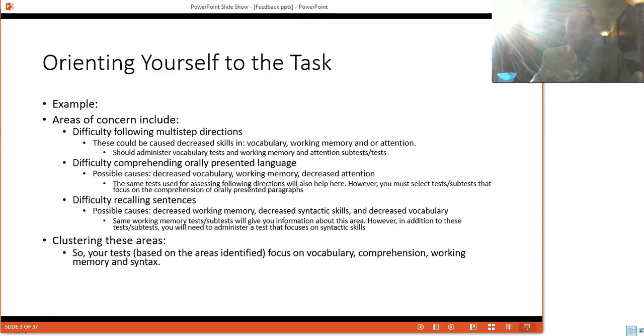So again, at that stage, when you look at this area of difficulty, multi-step directions in the classroom or at home and so on, you are going to say, oh, these can be possibly caused by vocabulary deficits, working memory problems, or attention problems.